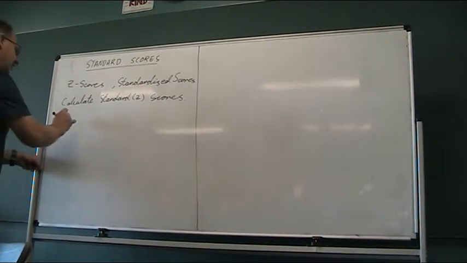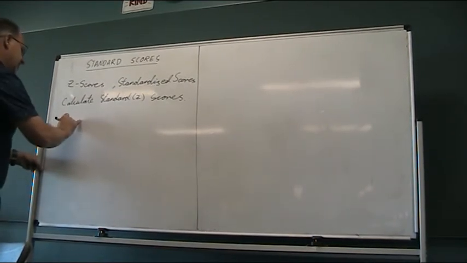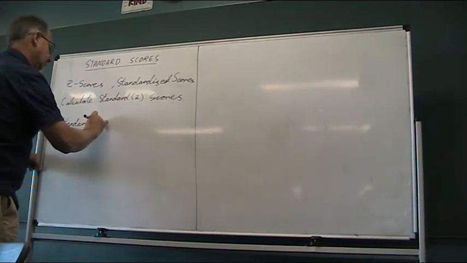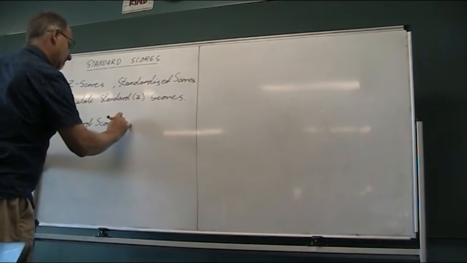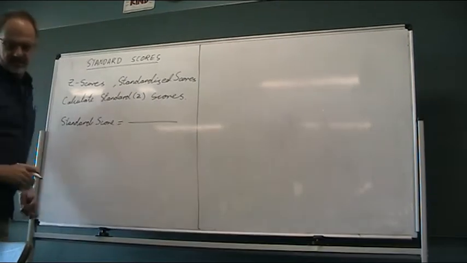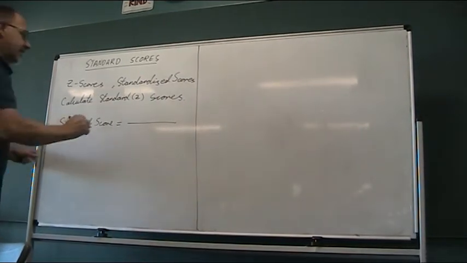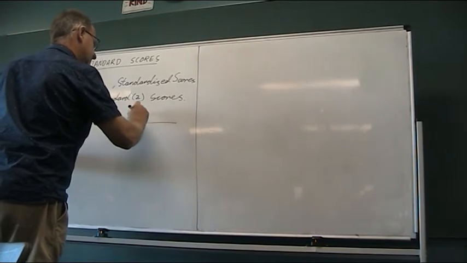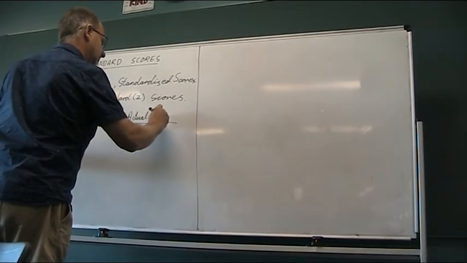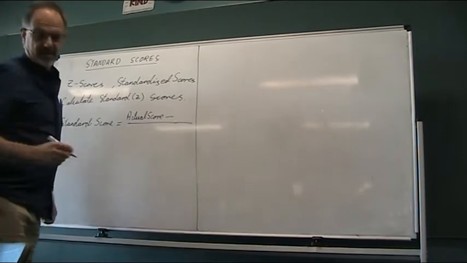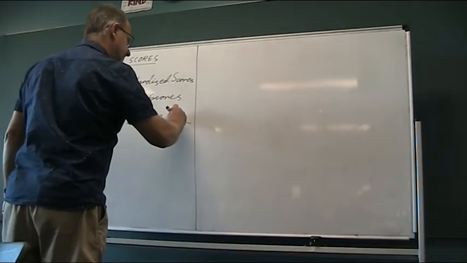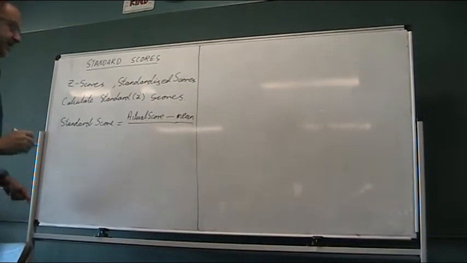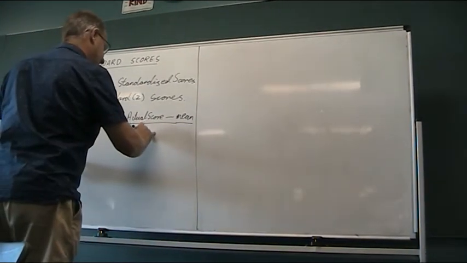So for our standard score, or our Z, we take our actual score that we got, we take away the mean, and we divide it by the standard deviation.